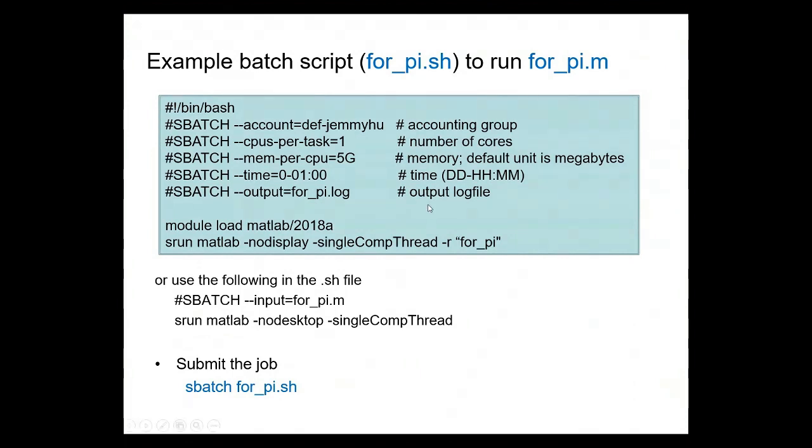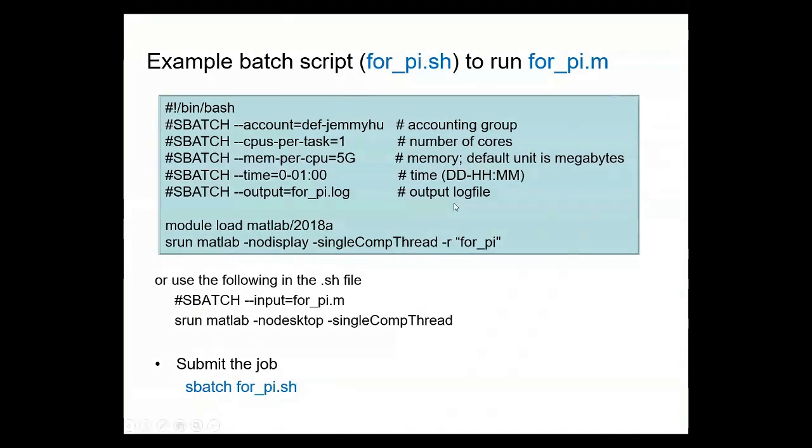Then in this script, which MATLAB version do you use? You load the module, and then the command will be slurm MATLAB because there's no display. Because it's a single job, you add -singleCompThread, so that MATLAB doesn't auto-thread a lot. And then this is the .m file with -r for you to run.